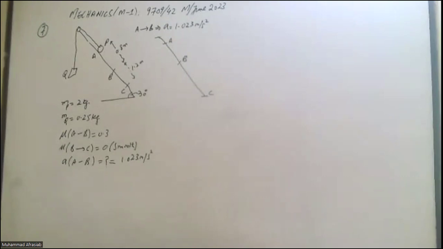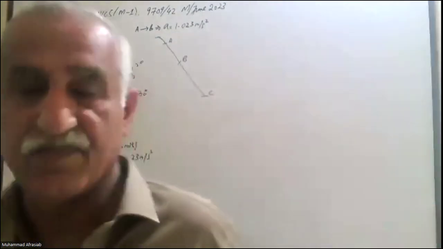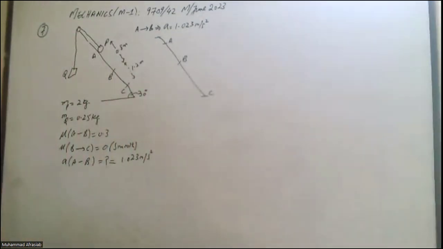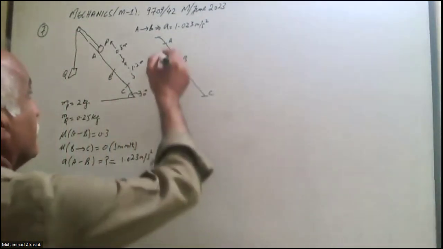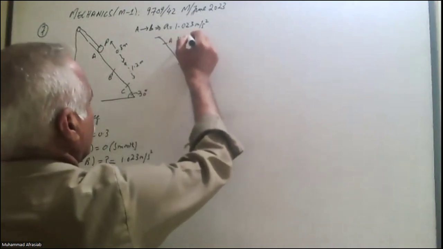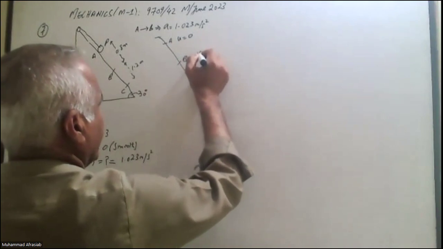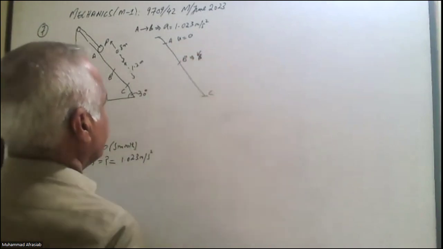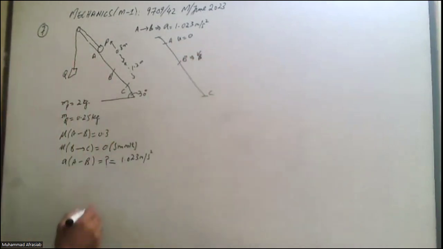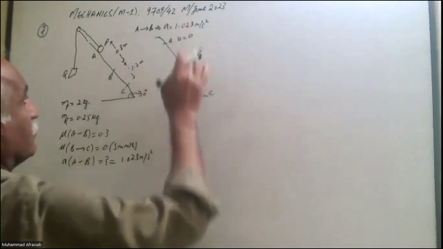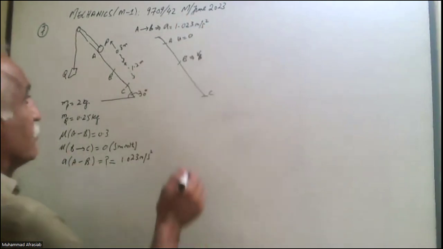Since we are going to find out the speed at C for that particle P, we know that u is equal to 0, and we will first find out the speed at B, where the acceleration is already calculated as 1.023 meters per second squared.